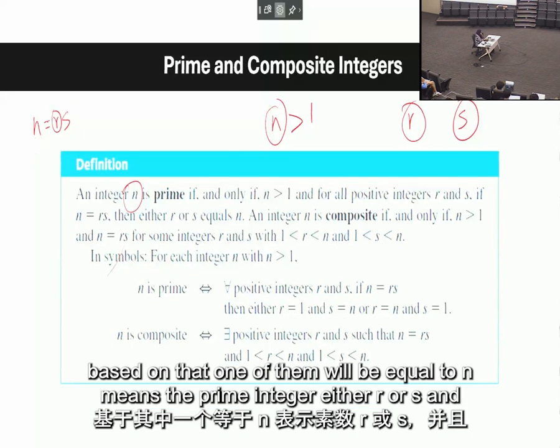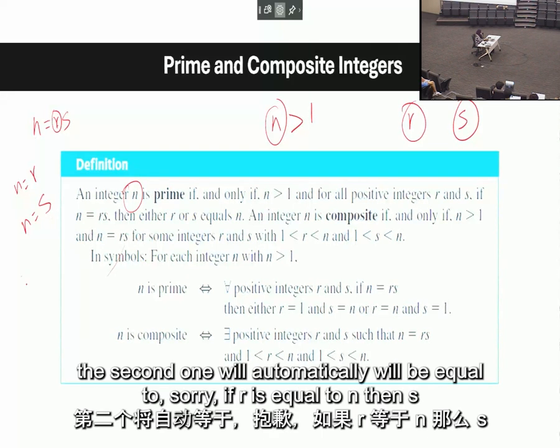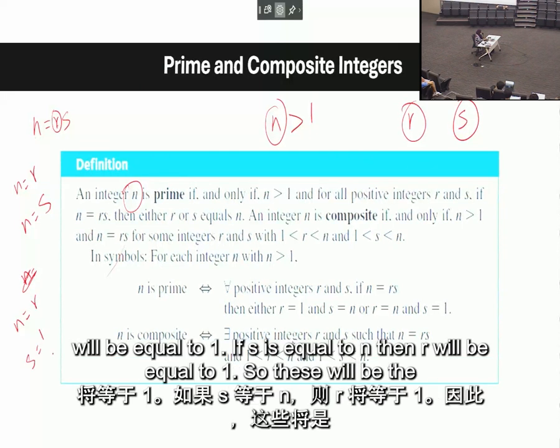One of them, either r or s, will be equal to n, the prime integer. If r is equal to n, then s will be equal to 1. If s is equal to n, then r will be equal to 1.